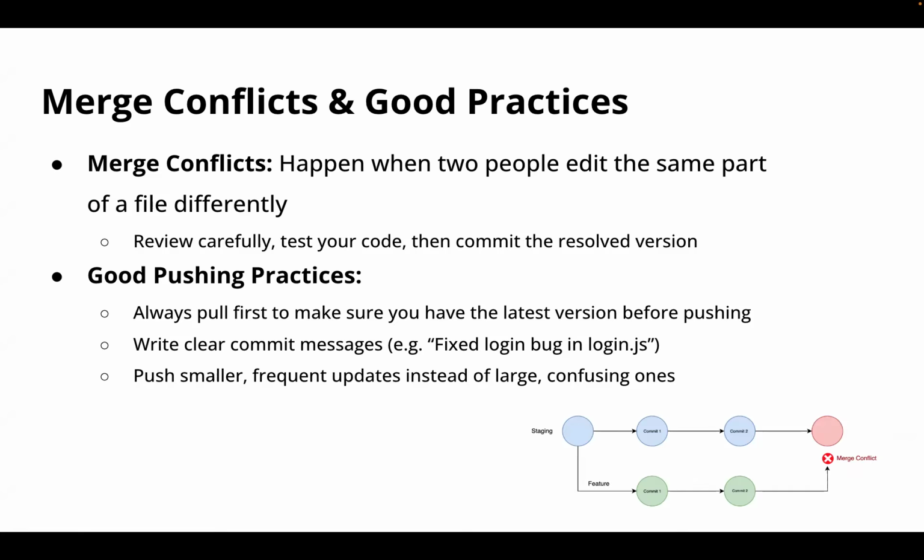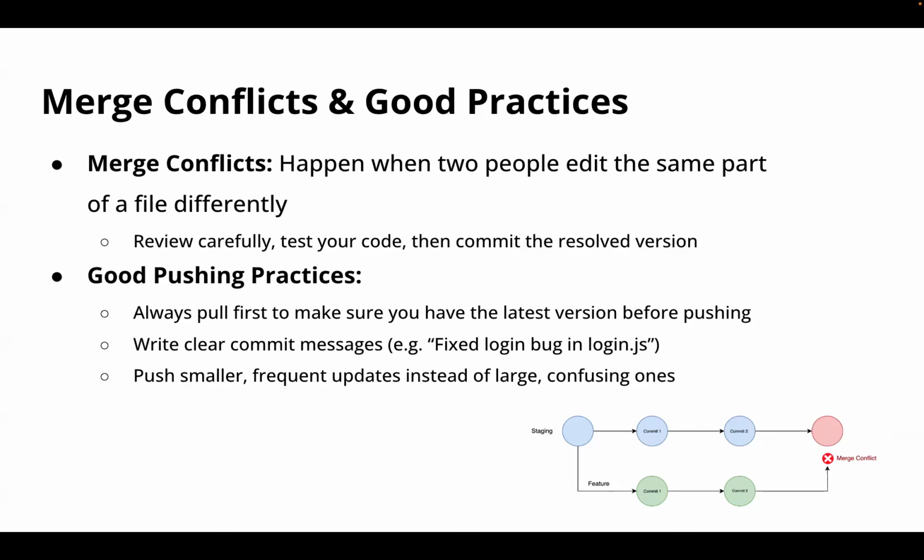A good practice is to always pull first before you push to main, so your version is current and you're not pushing changes that have already been overwritten. Another good thing to do is write really clear commit messages, like "I fixed the login bug in login.js." If there is a bug and you're reviewing the history, you could see what this person did and think, maybe this is where the bug was introduced.